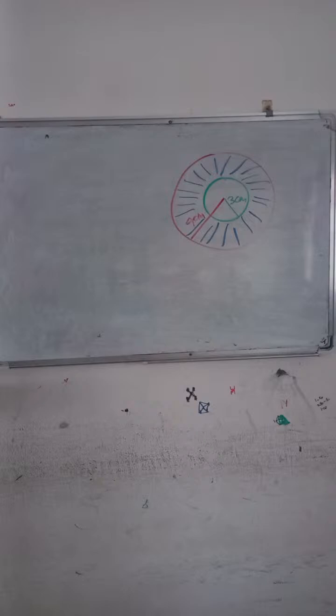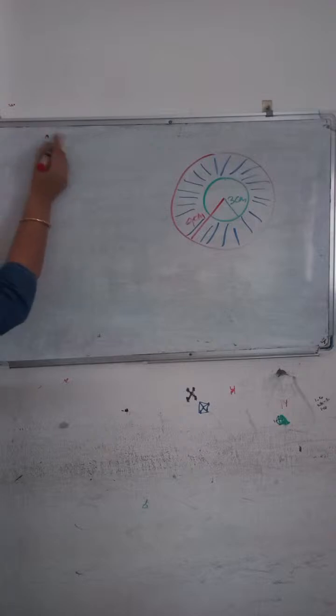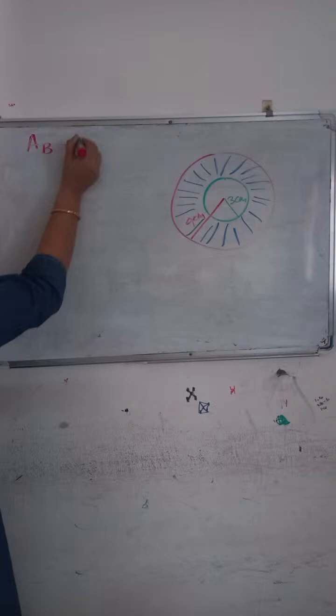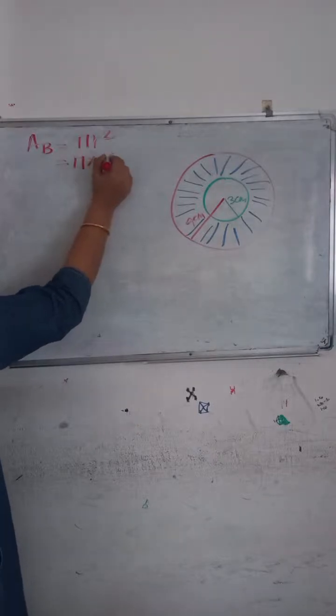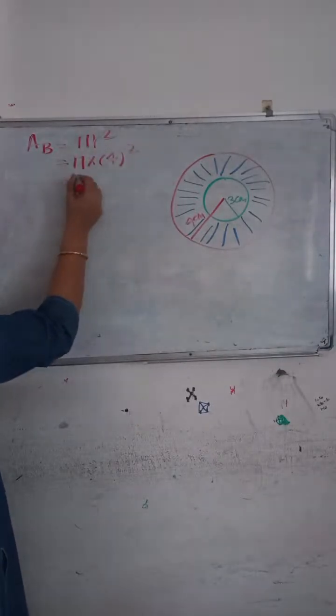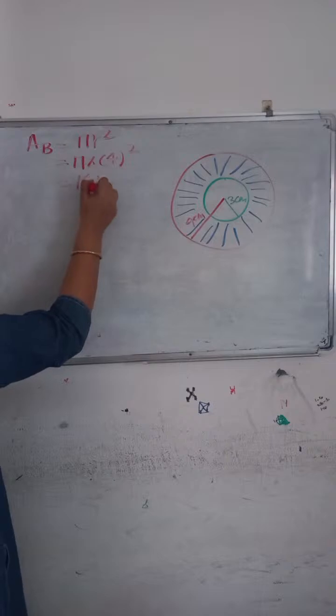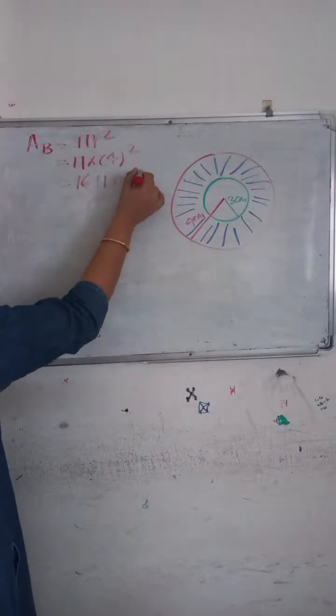So how to calculate this? We can calculate by using the area of a circle. I will use B for the bigger circle. Area of the bigger circle is pi r square, I will keep pi as it is, and r is 4 square, that is 4 into 4 is 16 pi centimeter square.